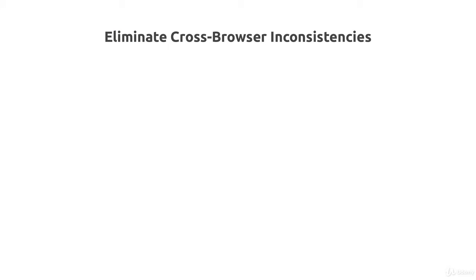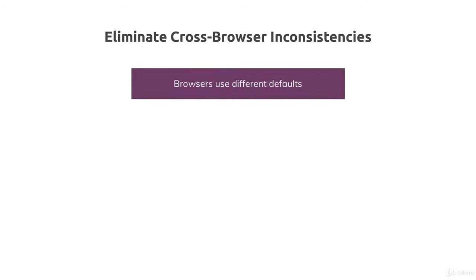So as you probably guessed by now, developing for the web isn't trivial because we need to support many browsers. At least in some of our pages we need to do that. Another problem we face, besides some features not being supported in some browsers, are cross-browser inconsistencies. This means that different browsers use different defaults. You remember these default stylings some elements get?